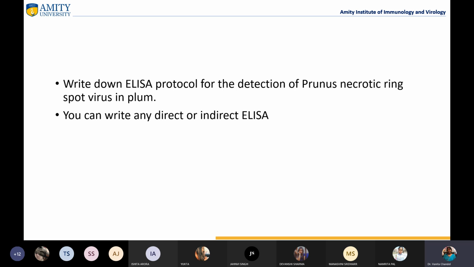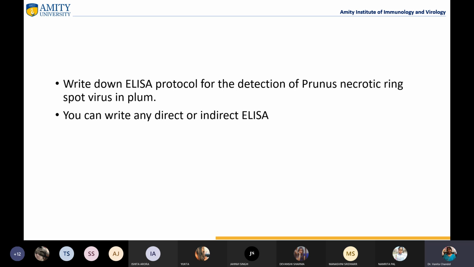I've uploaded the Word file also, so use that Word file and write in your own words what would be the protocol and what would be the buffer composition. I've mentioned everything there, right? Take an example of any plant virus. You can choose any plant virus that you're going to detect. So instead of an antibody, you use the antibody for Prunus necrotic ring spot virus.